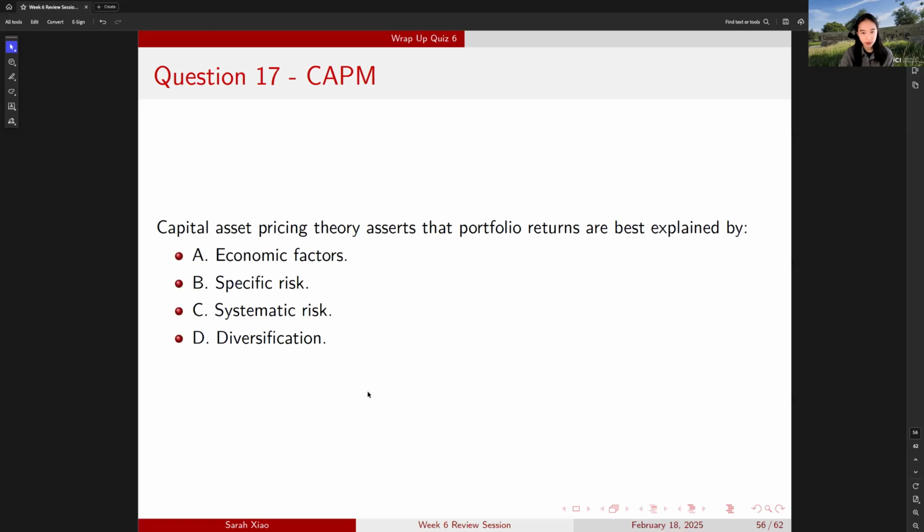All right, so next one is just a question based on the concept of CAPM. The capital asset pricing theory asserts that portfolio returns are best explained by which of the following?